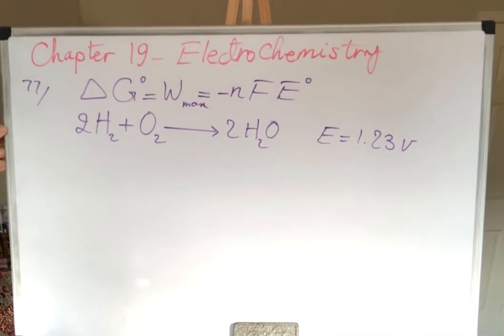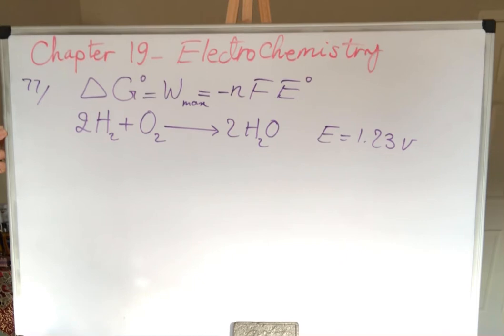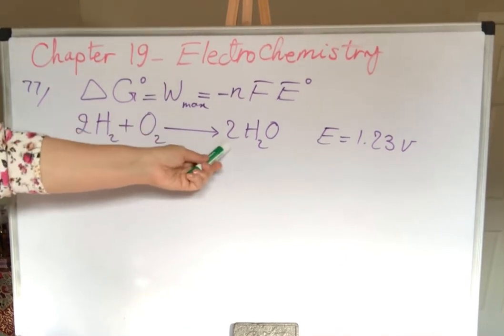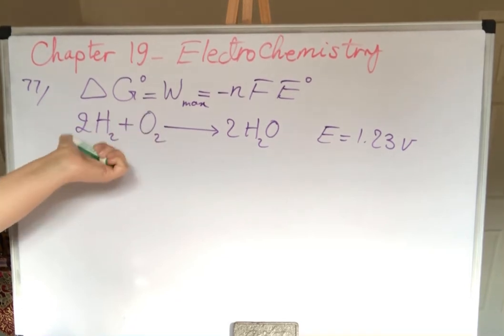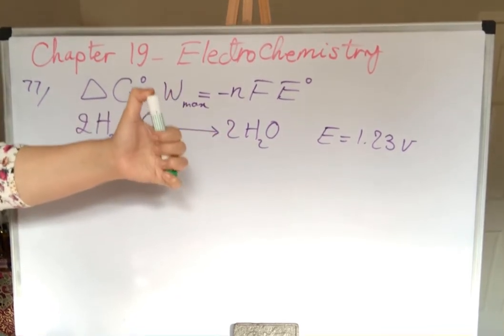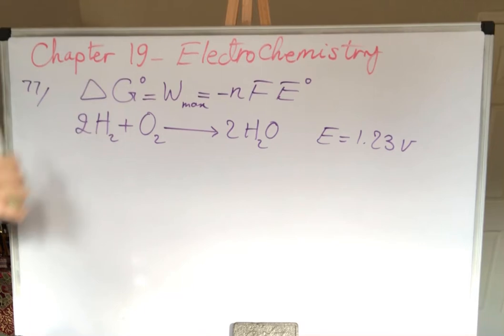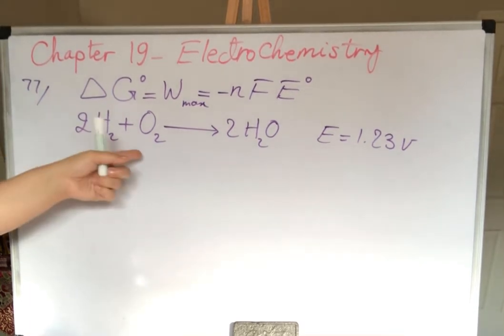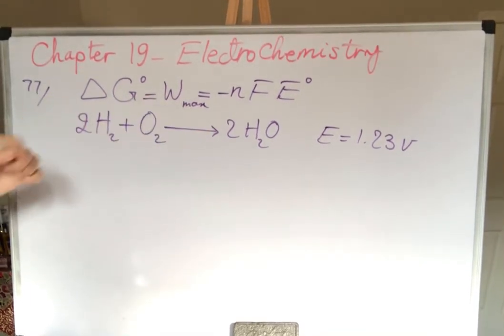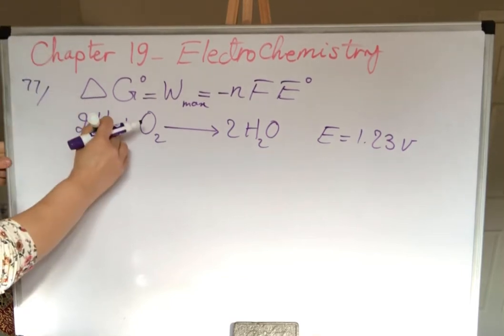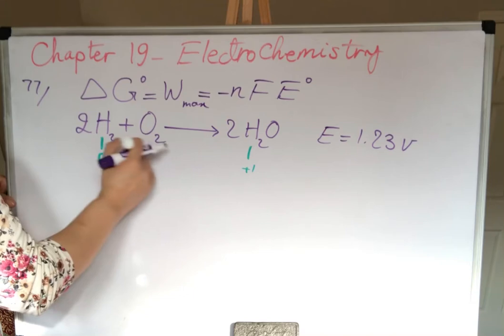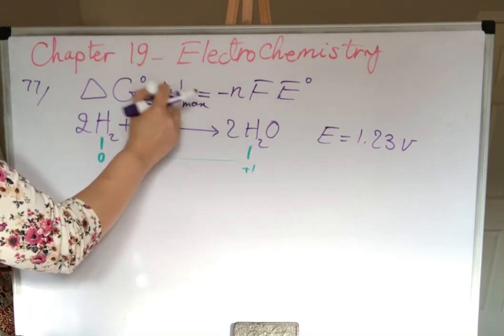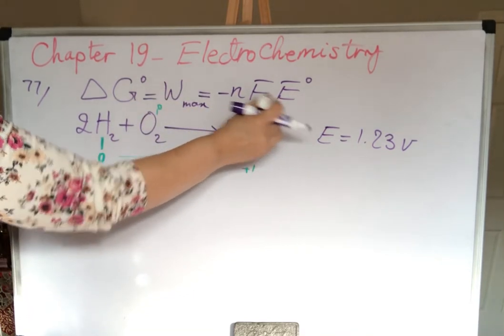We have to determine the number of electrons involved. So you see you have 4 hydrogens that are oxidized to hydrogen ions, and 2 oxygens are reduced. Here hydrogen goes from 0 to +1, and here oxygen goes from 0 to -2.